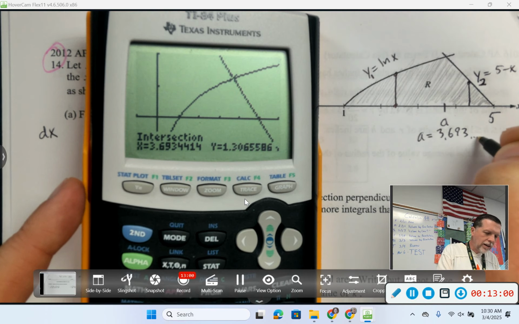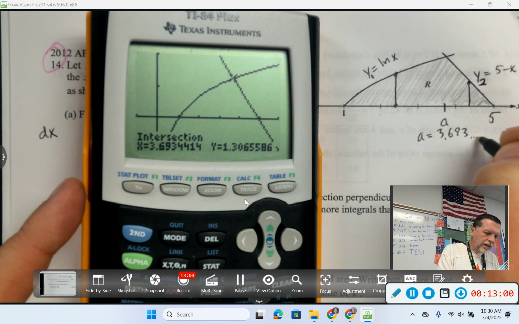I'm going to store that as b. But the calculator only remembers the x value, so I'll have to type it out. X. And then store that as b. Okay, now I'm ready to go with this problem.